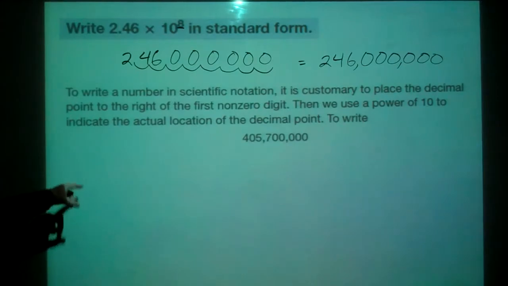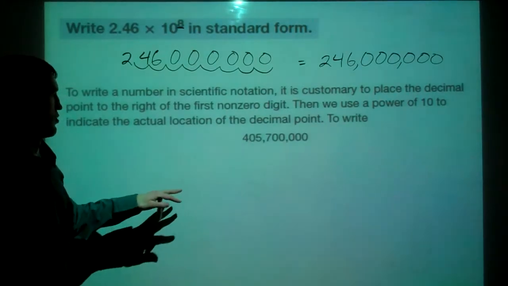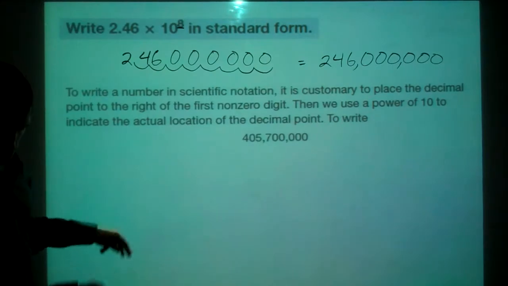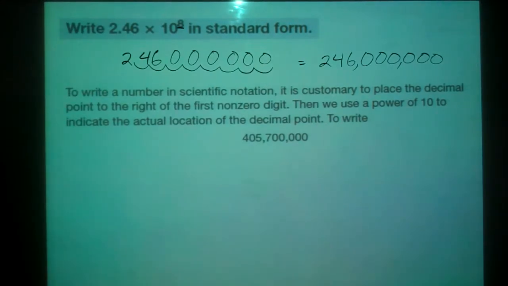We want only one number to the left of our decimal, or how do they say it? The decimal point to the right of the first non-zero digit. That's a little confusing, but basically we want this number, like I said before, to be between 1 and 10.